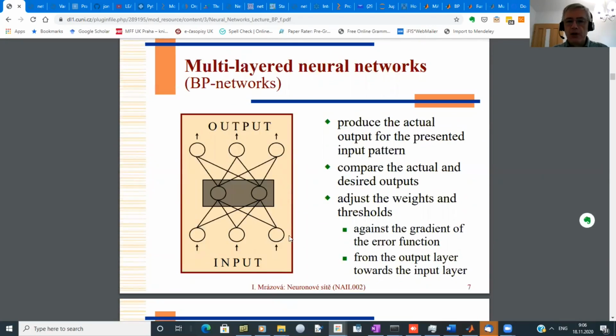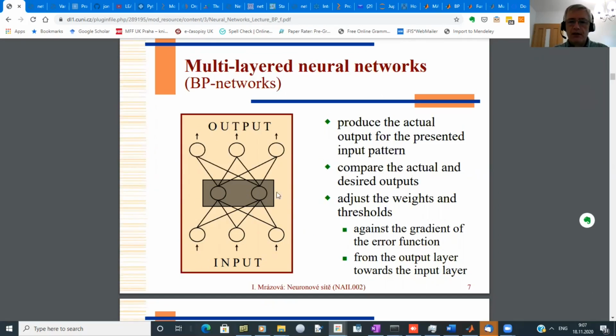The neurons in the model are organized in layers, and connections are only within two successive layers. Here at the bottom, there is the input layer. All neurons from the input layer are just copying their inputs and sending them further into the network.